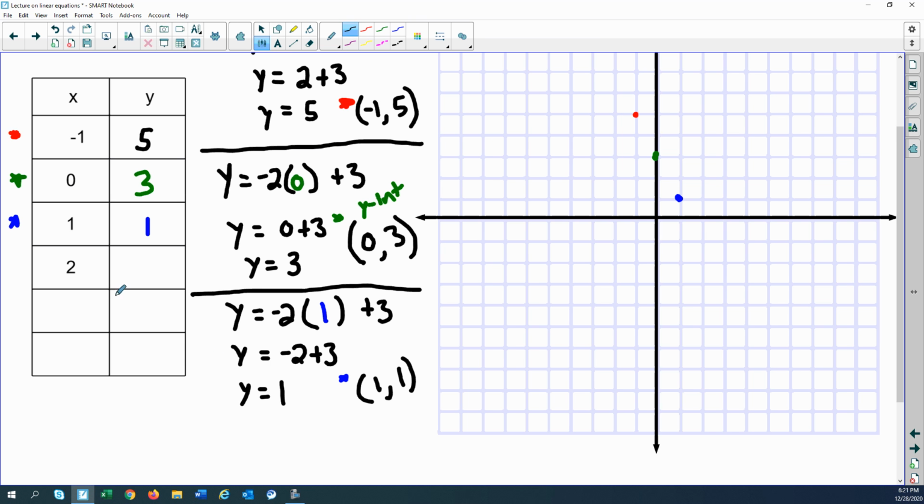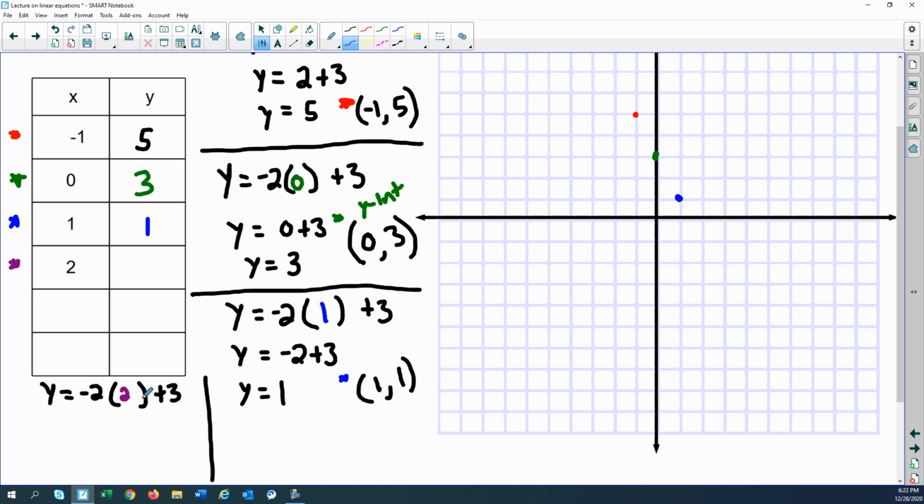And our last one is 2. So we have y equals negative 2 times 2 plus 3. So let's get another color.